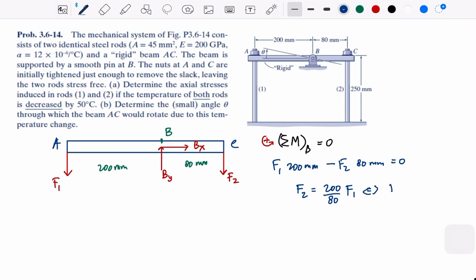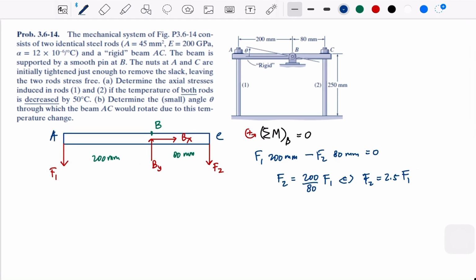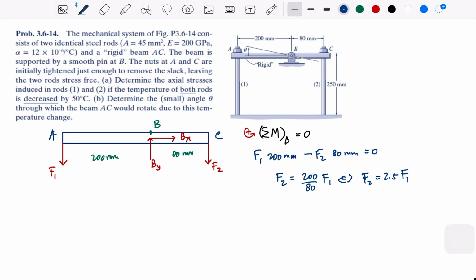Or we can say F2 is 2.5 F1. Okay, now the first step is done, and in mostly all of mechanics, we start with the equilibrium.